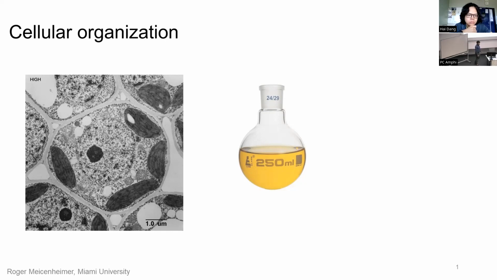So trying to mimic a cell would be like me giving this round bottom flask to a student and telling them, you have to run a reaction here, and a different one here, and a different one here, a different one here, and a different one in the rest of the space. And those reactions don't have to communicate with each other, or even better, they have to communicate with each other in a controlled way. There's also spatiotemporal control.